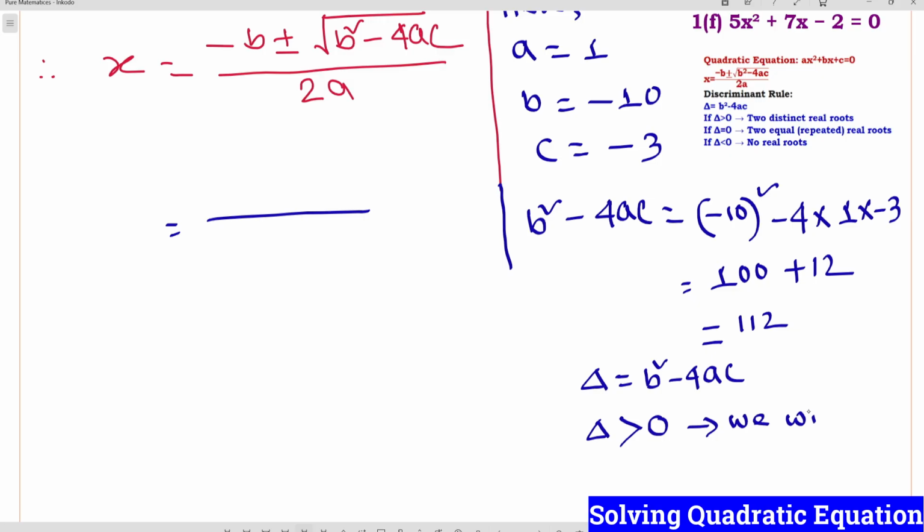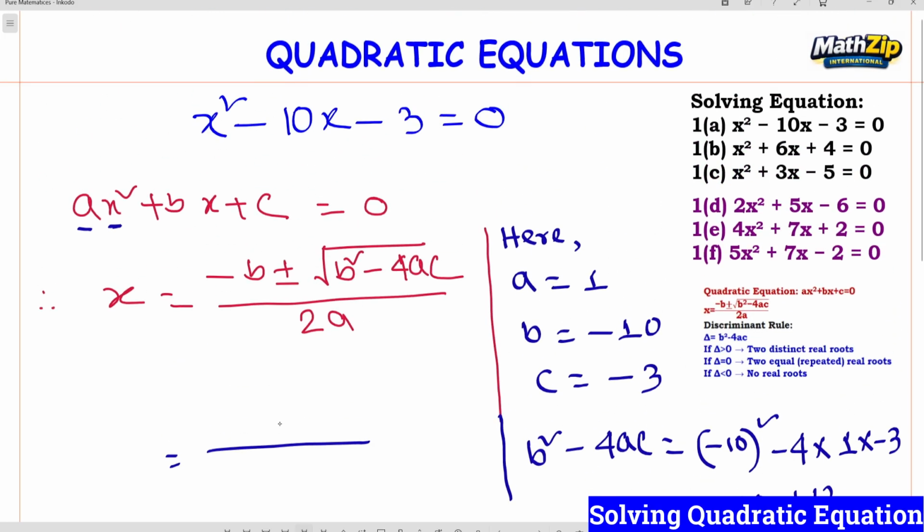Two distinct real roots, right? So now we will put the values in here. Minus b means minus and minus 10, plus minus root over b square minus 4ac.